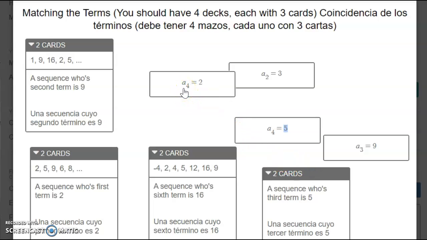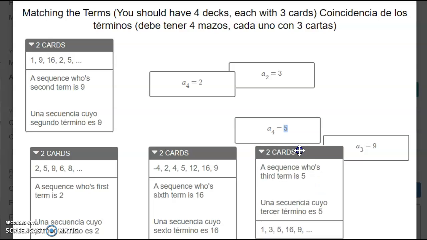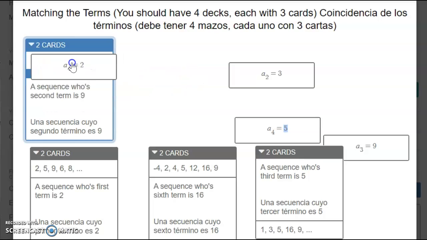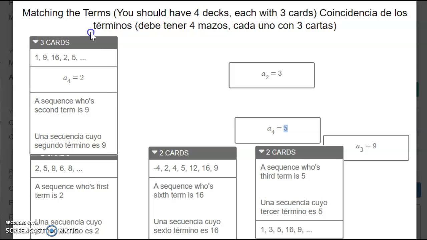This tells me the A of 4, that's the fourth term, is 2. Fourth term is 2. Fourth term is 5 here. Fourth term is 16 here. Fourth term is 2. This one is 2. So I'm going to match with this. A of 2, that means second term of the sequence is 3.